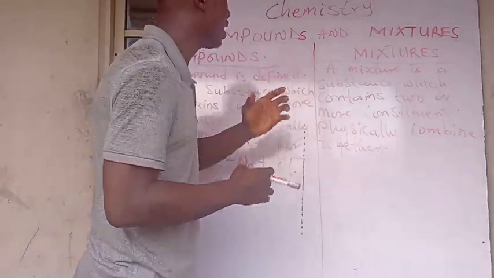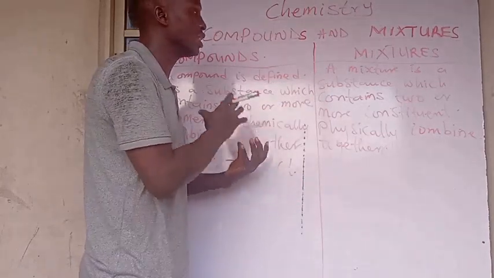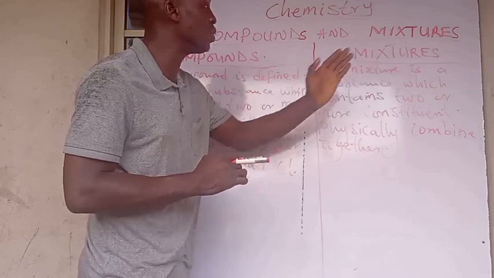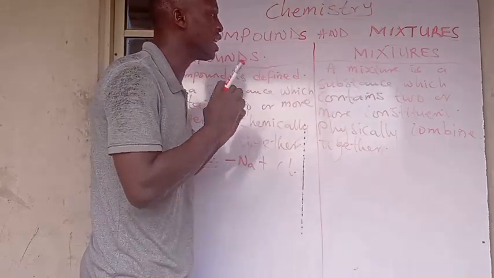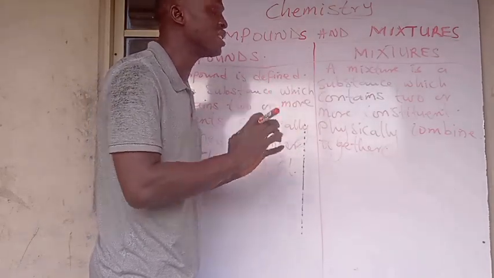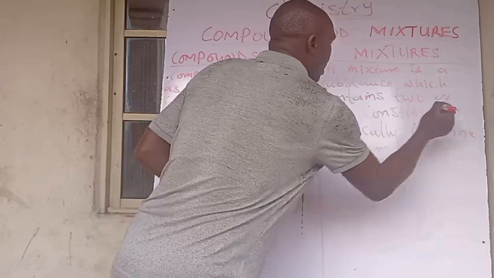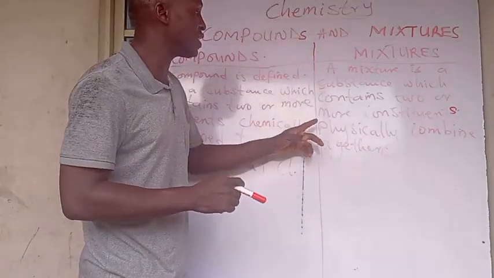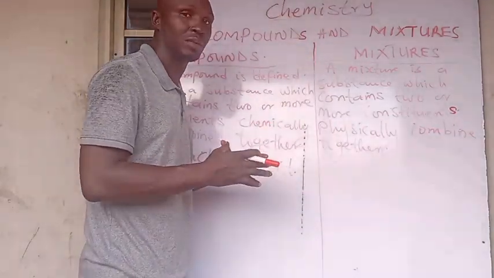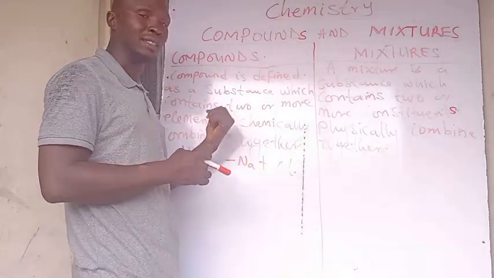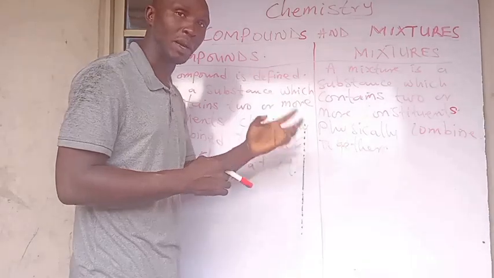Now, what is a mixture? How is a mixture different from a compound? A mixture is a substance which contains two or more constituents physically combined together. This is chemically combined, while this is physically combined.